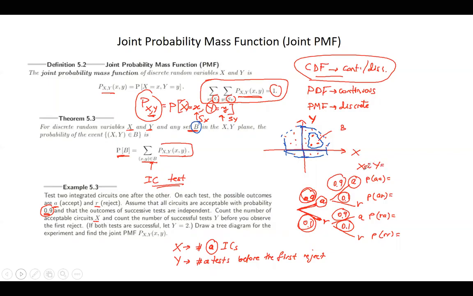And Y is going to be 2 because there is no rejection here. We look at the first rejection. Since there's no rejection here, we count the acceptable tests. So acceptable test 1, acceptable test 2. So the number of tests is 2, and there's no rejection. Then Y is going to be 2. So we can list all this as we can see in the next slide.